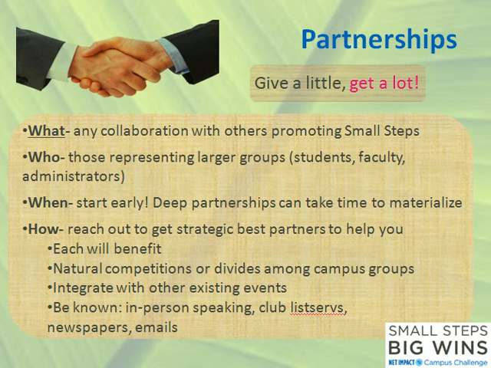You're able to also make events larger, create new ideas, co-sponsor events or projects, and integrate Small Steps actions or marketing through other partners. And these are great ways to expose Small Steps to more people and get more people involved. You should speak in person at as many club meetings or classes as you can, write blurbs in newspapers, send emails to club or class listservs, and you can do all of this much easier through partnerships as well.